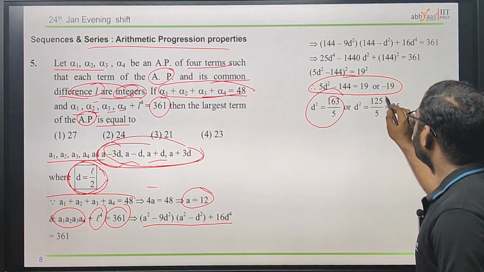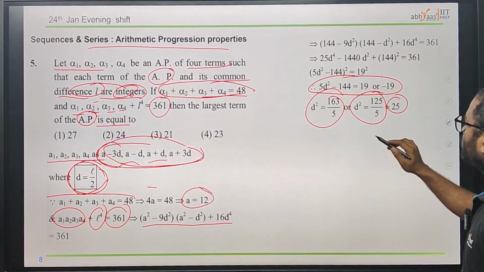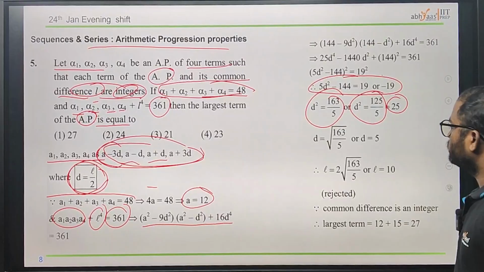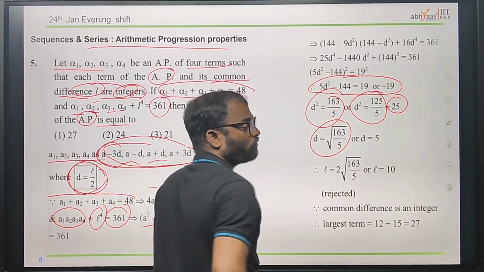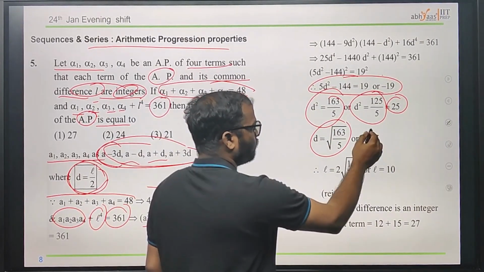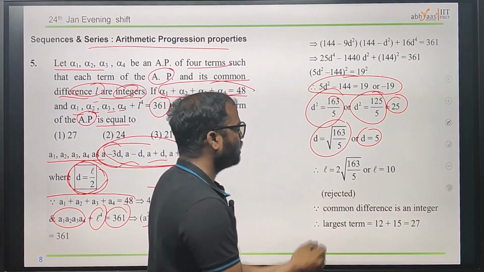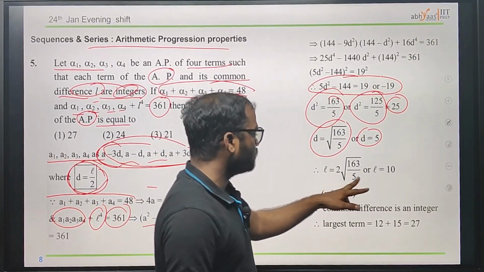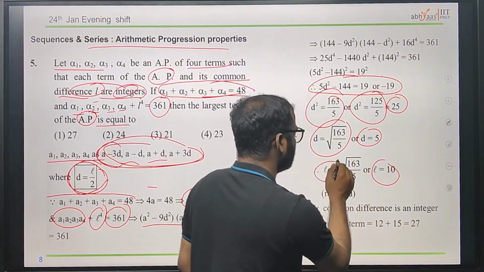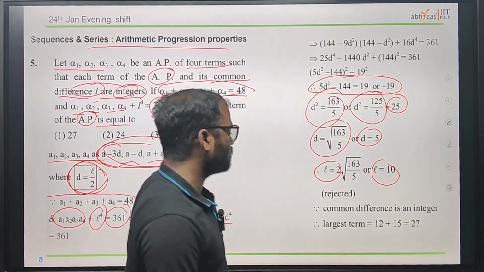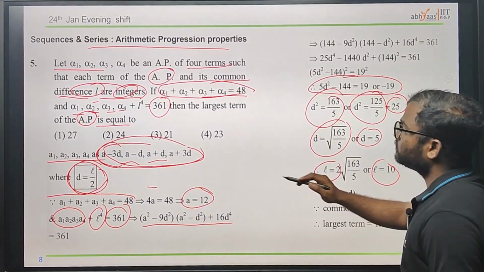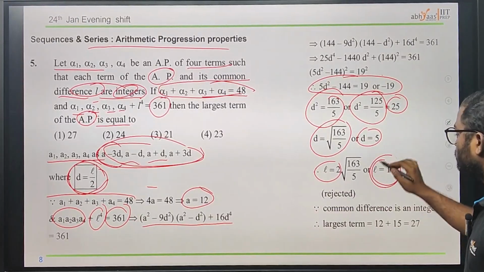Therefore we get d as under root of 163 by 5, or d as 5. Now we know d is L by 2. Substituting L by 2 in place of d, we get L as 10 and L as the other value. This one will be rejected since it is not valid in this case. Therefore we take L as 10.